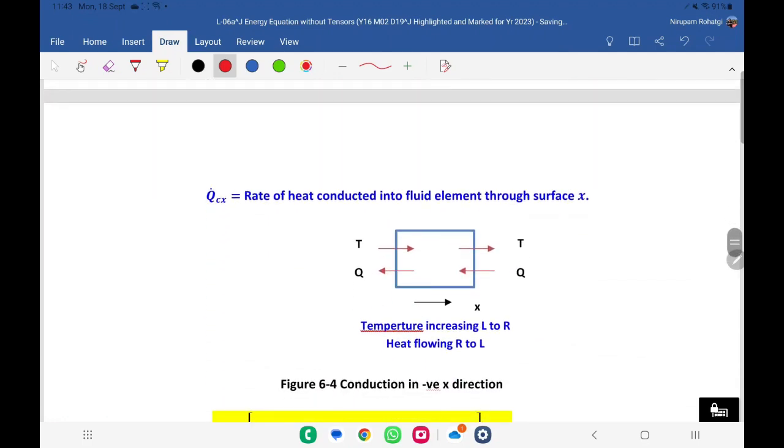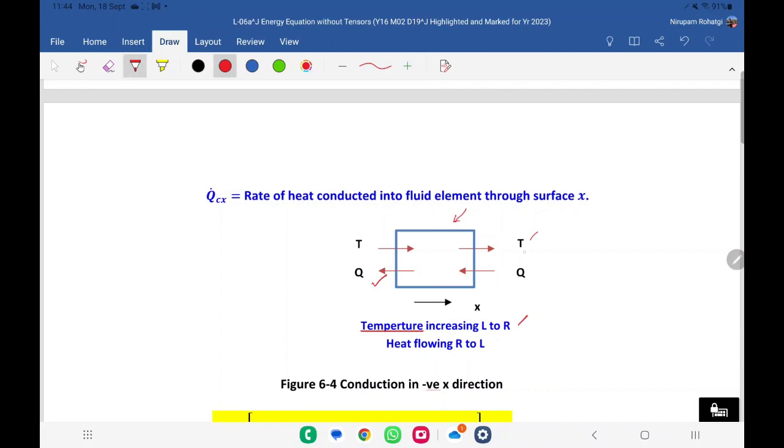Now how do we find it? You have a body here. Temperature is increasing left to right. So you keep a cube. On the left side, the temperature is lower than on the right side, so the heat will flow out.